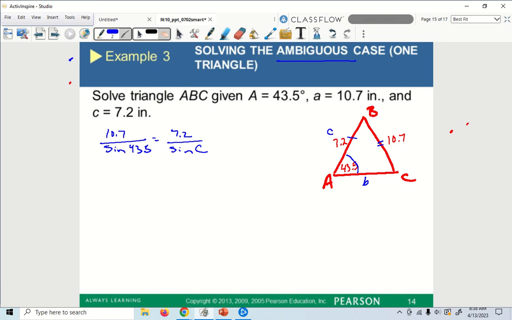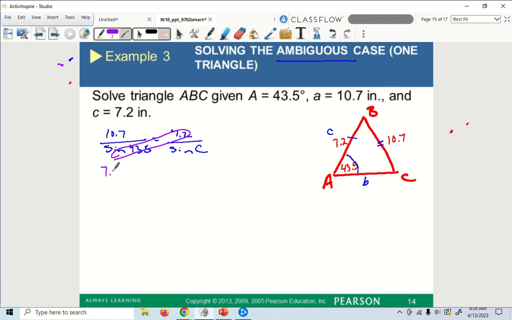And for those people doing the cross products, do you want me to do the whole thing, or can I jump to the abbreviated version? Do the whole thing? Okay. All right, so let's start with the cross products. Multiply this way.